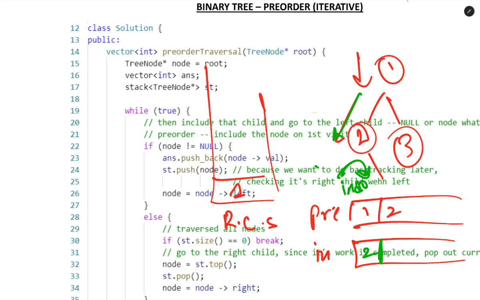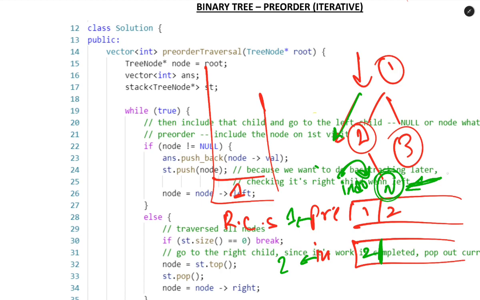I'm only concerned with pre-order and in-order, where pre-order means visiting the node for the first time, and in-order means visiting the node for the second time. Since I already visited 2 for the second time, I will add it in my in-order. Then my node will start pointing to the right child of 2, and this is also null.